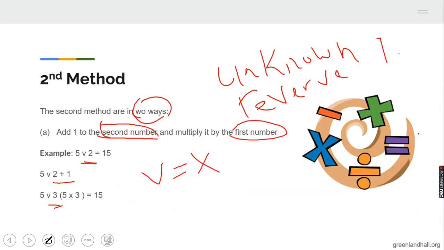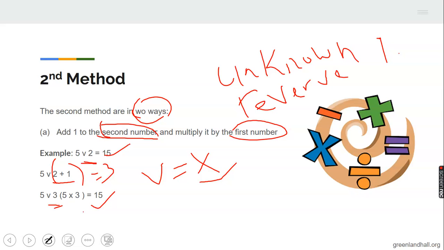So we have seen that our v is standing as multiplication. So the first thing you do is 2 plus 1, which gives you 3. Then you have your 5 times 3, which gives you 15. So your answer is the same, 15. Are you okay to that level? I hope you're coming along with me.